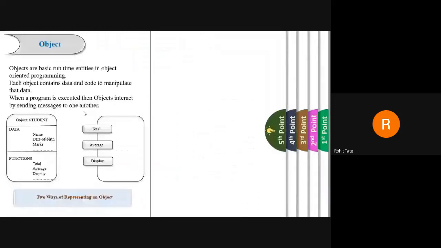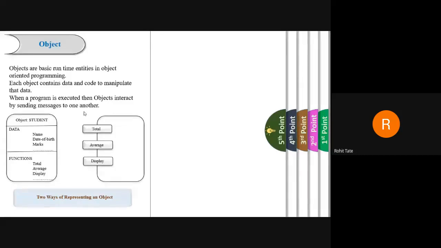The very first concept of the object-oriented programming language is object. Now what is meant by object? As I previously stated, a problem is decomposed into a number of entities called objects, and then data and functions are built around these objects. Objects are basic runtime entities in an object-oriented system. An object may represent a person, a place, a bank account, or any item that the program has to handle.